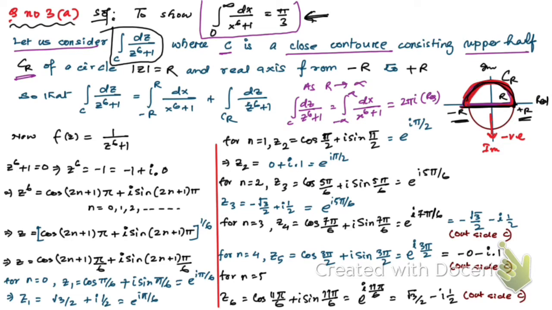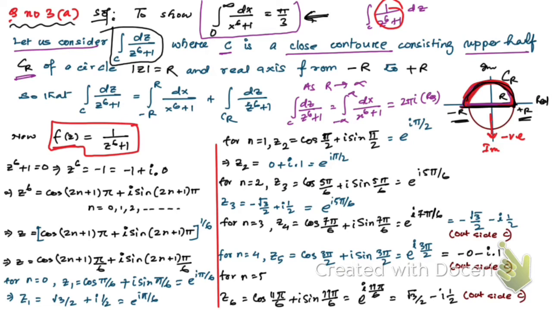From this part, the integration over C, you can write as the integral of 1 by z to the power 6 plus 1 into dz. Here this part is taken as f of z, right?